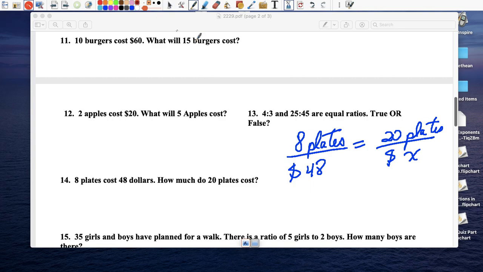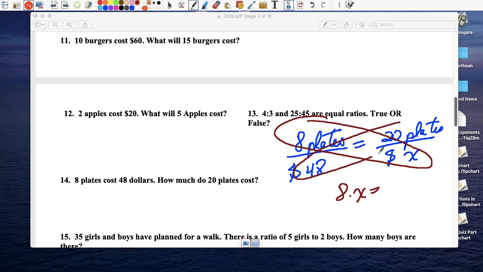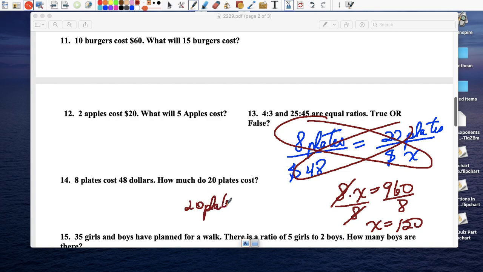So we can cross multiply here. 8 times X is 8X. 48 times 20 is 960. Divide by 8, divide by 8. That simplifies to 1. And 960 divided by 8 equals 120. So 20 plates is $120.